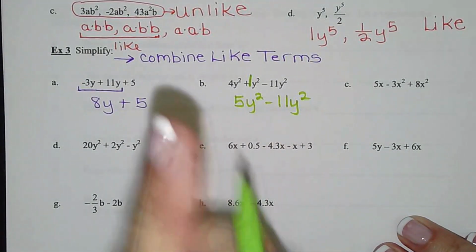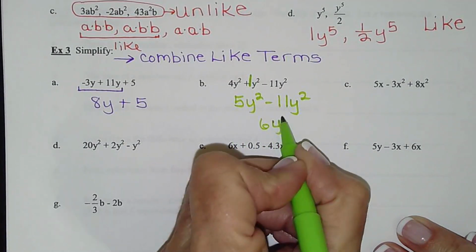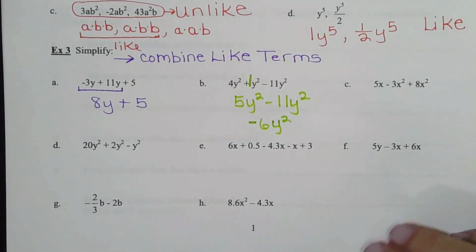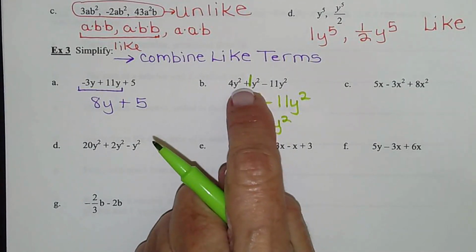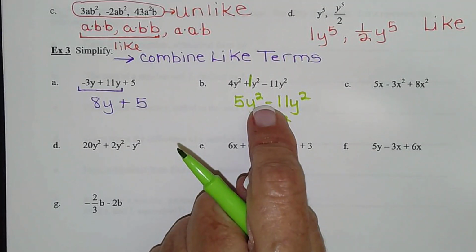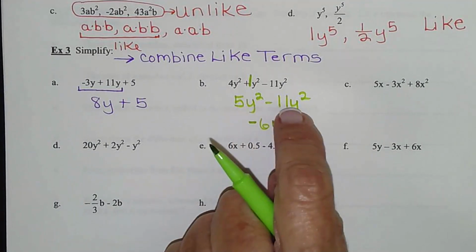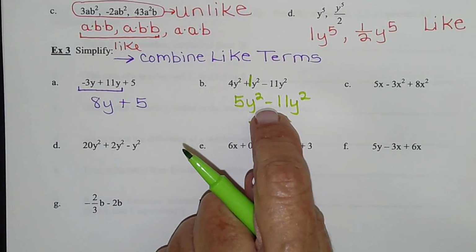When the signs are different, we subtract. 11 minus 5 is 6y squared, and we keep the sign of the larger, negative. When the signs are the same, we just add them. Don't touch the exponents. Exponents stay the same. And when the signs are different, +5, -11, we subtract and keep the sign of the larger.